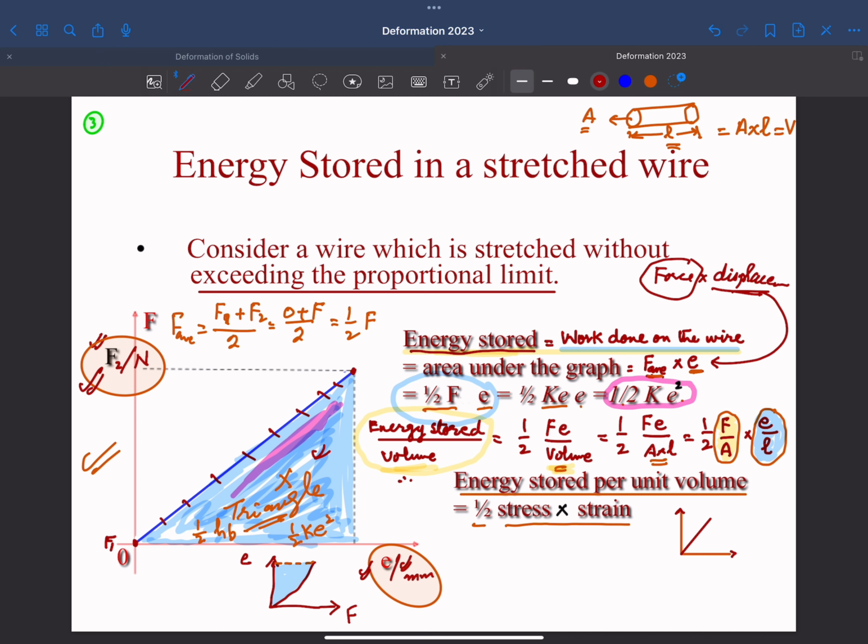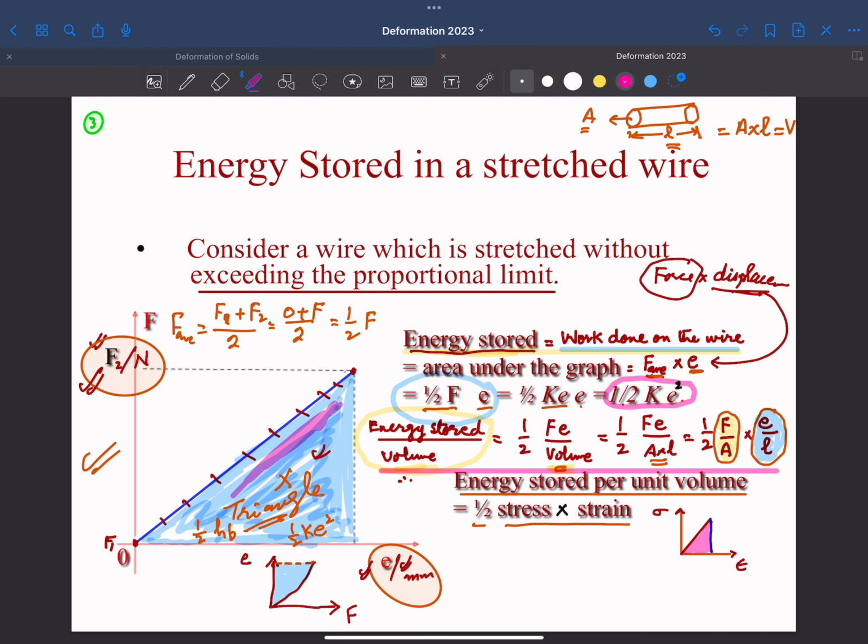But if instead of force you have stress, sigma, along the y-axis and strain, epsilon, along the x-axis, then the area under the curve will give you the energy stored per unit volume, because this time, as I have explained here, it is not just energy stored, but energy stored per unit volume.